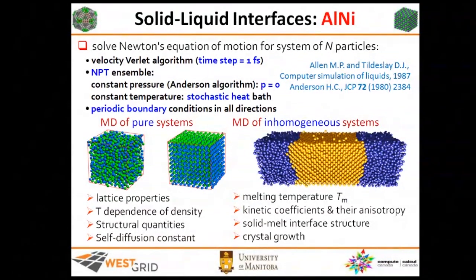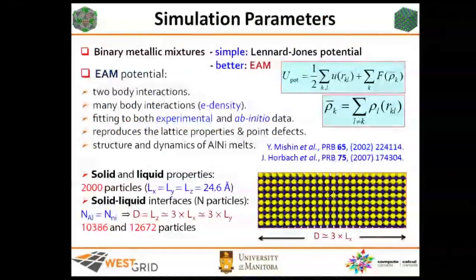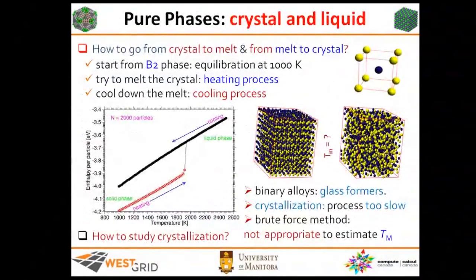Now, if you go back, you see that the black curve doesn't reach the red one, because in this case we cannot go back to the crystal if we start from the melt, because this system has two atoms and crystal growth is controlled by the diffusion.